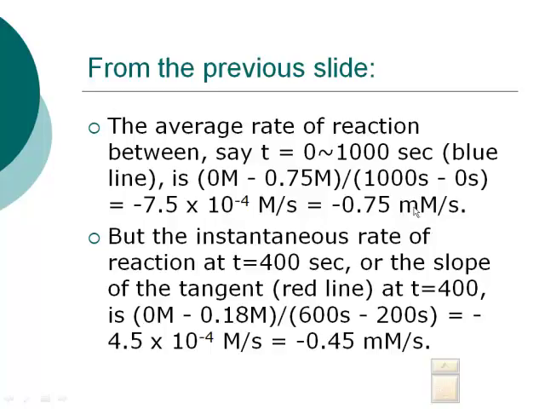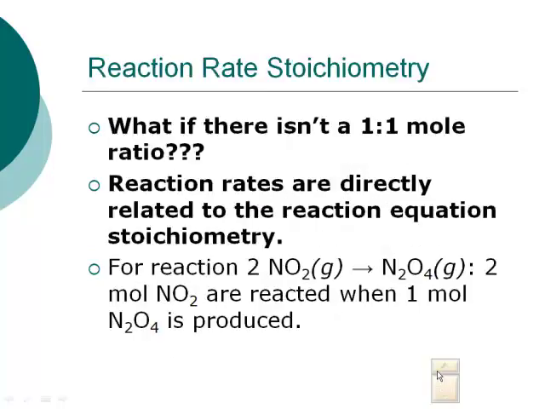Anyway, it says, but the instantaneous rate of the reaction at t 400 seconds, or the slope of the tangent, the red line, at t 400, is 0 molarity minus 0.18 molarity divided by 600 seconds minus 200 seconds, which is equal to negative, please notice that there is a negative there, it just didn't follow, negative 4.5 times 10 to the negative 4 molarity per second, or moles per liter second. Here, did that again, lowercase m, capital M.